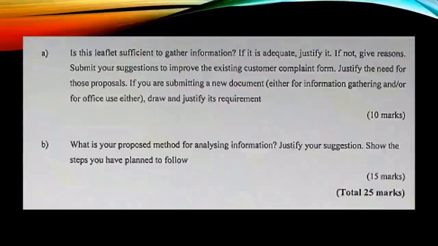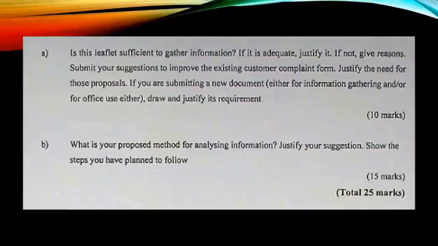Justify the need for these proposals. You have to justify why it is required. What is the process that you are going to use to develop it? Sometimes you can present not only one form but more than one form: one for information gathering, and the next one for official use.